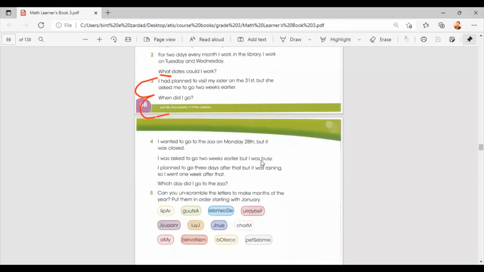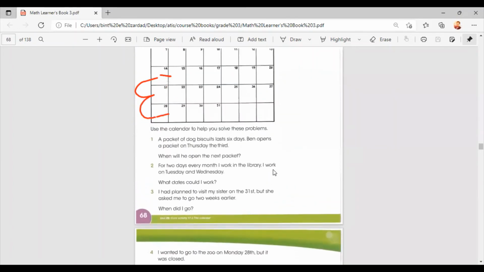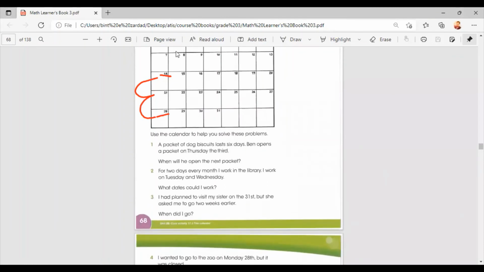So what happened? Okay, I planned to go 3 days after that, but it was raining. After that, 3 days. After 14, 3 days: 14, 15, 16, 17. I made a plan on 17, but what happened?